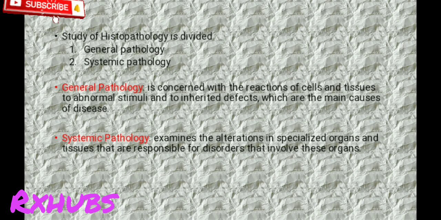Systemic pathology examines alterations in specialized organs and tissues. So general pathology includes all body defects, while systemic pathology has to do with specific organs like the heart, kidney, lungs, and the rest of the systemic organs.